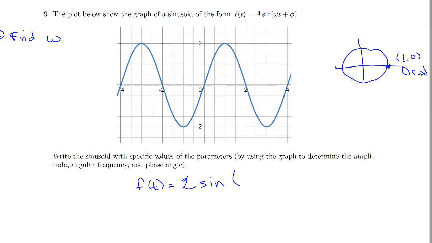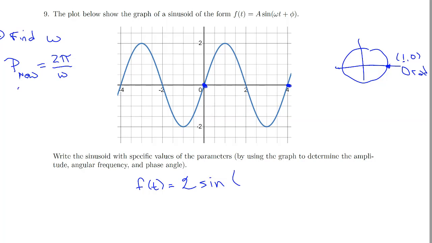Let me write it. The new period, which is what I'm trying to find, because if it was the same as the old period, it would be 2 pi. So it equals the original period, which is 2 pi over omega. We can see the new period: it starts here, and it ends at 4, and then it starts again.